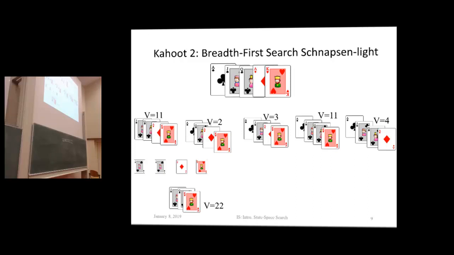So we now found a solution, a path from the initial state via this decision. I think I even get arrows here. So my path to getting to more than 20 points as quickly as possible is found by exploring.